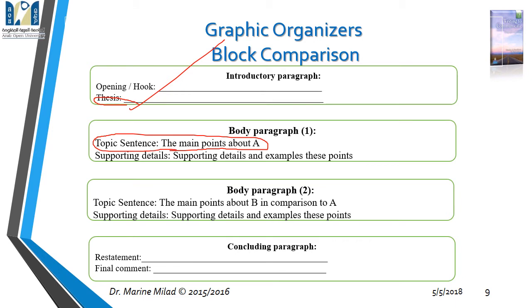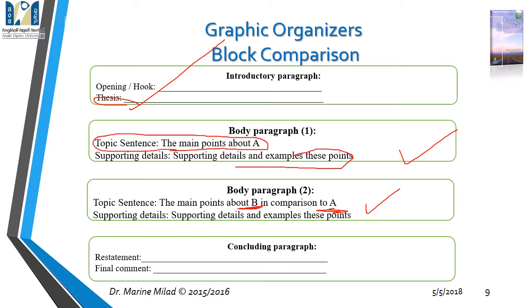And then you support with details and examples about this point. Now, in body paragraph 2, the main points about B, and you compare it with A, right? Basically, you told me here the main point, for example, about the first shoes. Now, in the second one, you compare the first shoes with the second one, right?